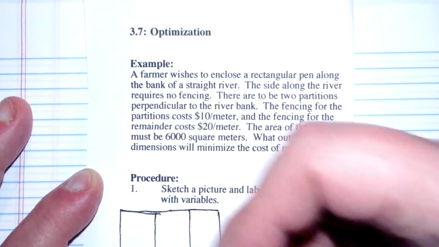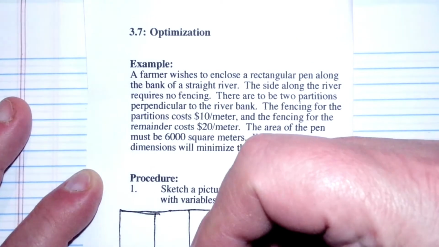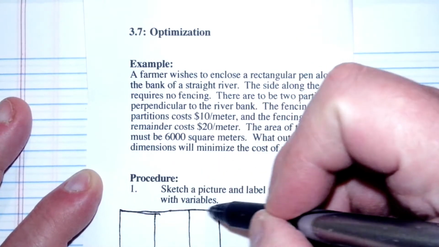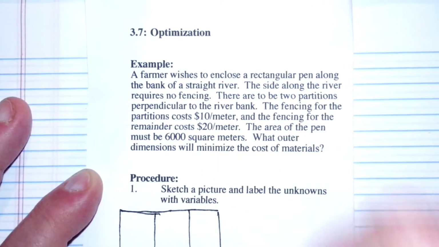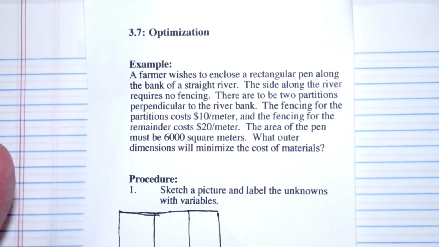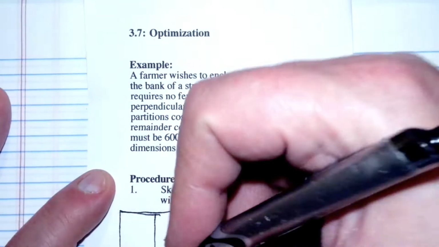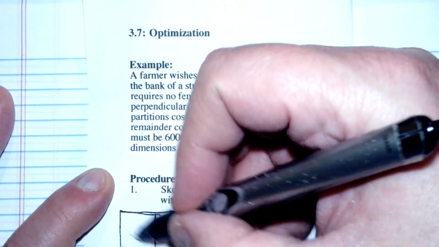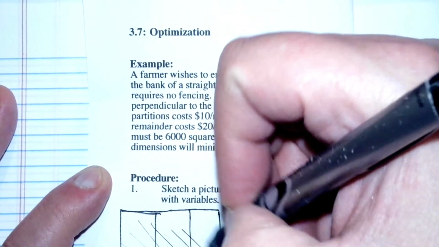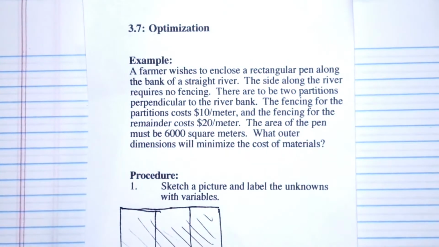So this is seen from above. There is fencing here, here, here, and then in these two partitions. There's no fencing along the river bank, and we want the area of this entire region to be 6,000 square meters, and we're trying to minimize the cost.